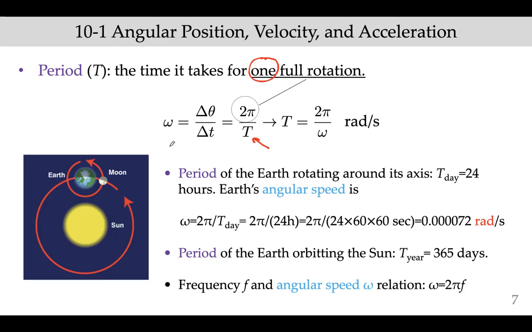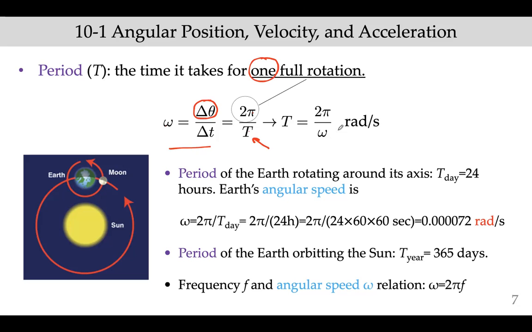So now let's write again the formula for the angular velocity. If we write uppercase T, that means one full rotation. So what will be delta theta? One full rotation in radians is 2 pi. So we got a formula: omega equals 2 pi divided by T, or I can rewrite it as T equals 2 pi divided by omega.